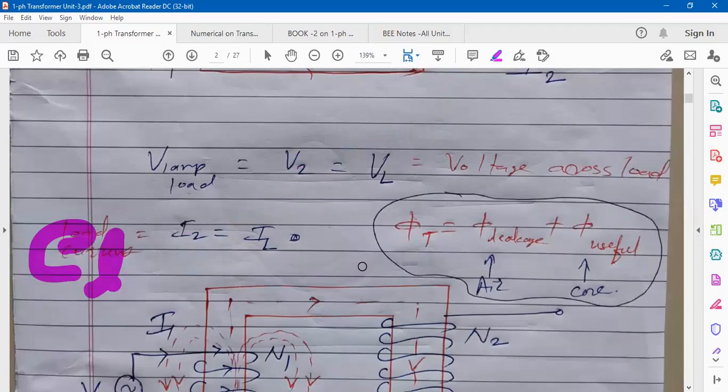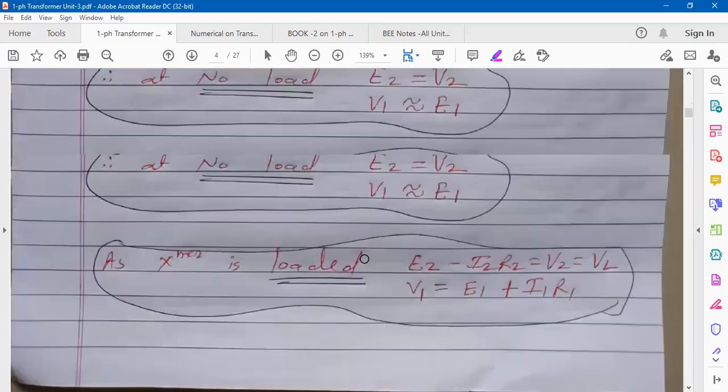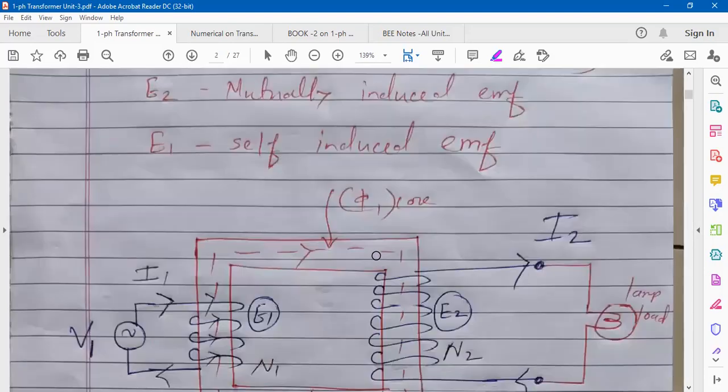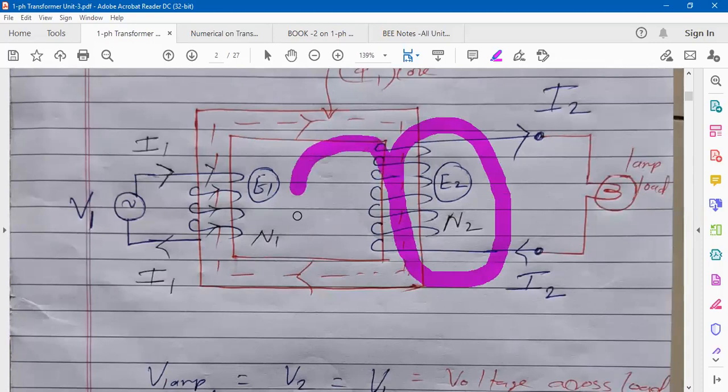When you connect a load across the secondary winding, current starts to flow through it. The moment I2 starts to flow, it will produce its own flux. Again, the same thing, maximum flux will complete its path through the core, and a very small percentage of flux completes its path through air, like this.